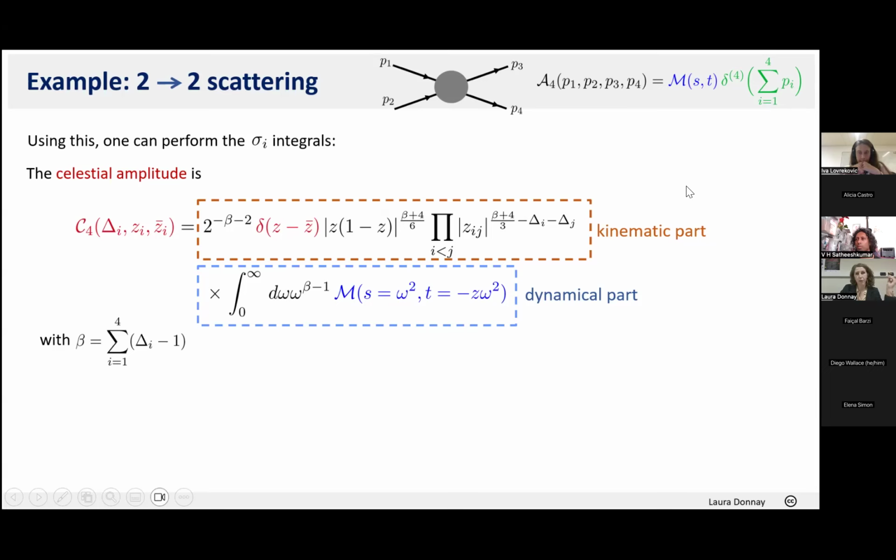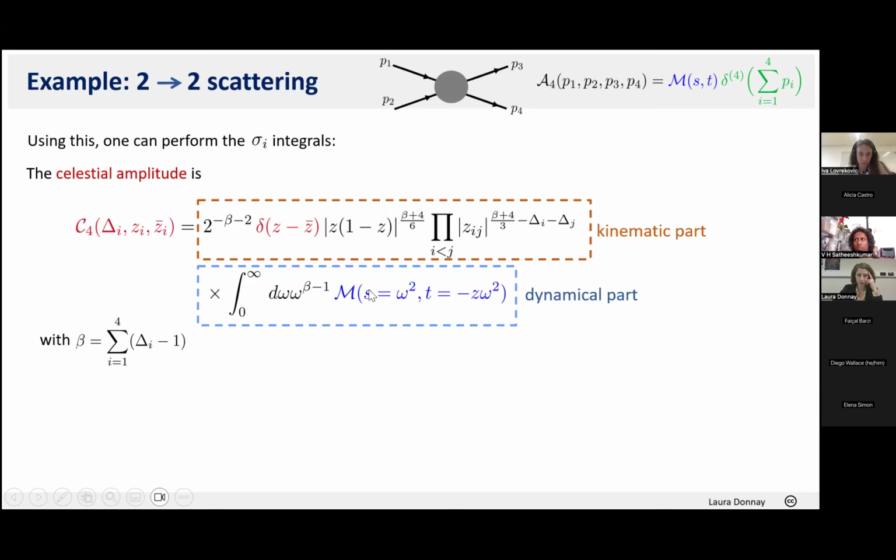So remember, you had this momentum-preserving delta function in momentum space, and all the dynamics, the interesting part of the amplitude, is encoded by this curly M function, which depends on S and T. After doing the Mellin transform, what you get for the celestial amplitude is that all the interesting dynamics is encoded into this one integral left over the omega variable here.